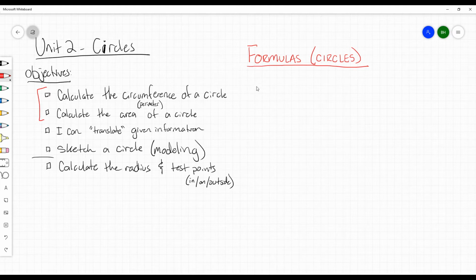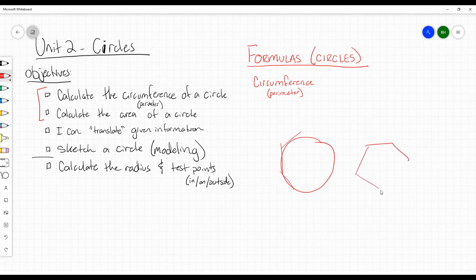So the circumference of a circle, and as I said before, this is similar to the perimeter, or it would be the perimeter in other shapes, because a circle is round, so there's not really sides that you can add up, versus a hexagon where you can just add up all the sides. With a circle, it's a little bit different because it's one smooth shape, so it's a little bit harder to add up anything if you don't know what to add.